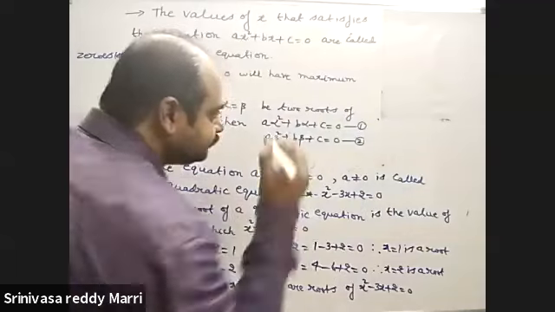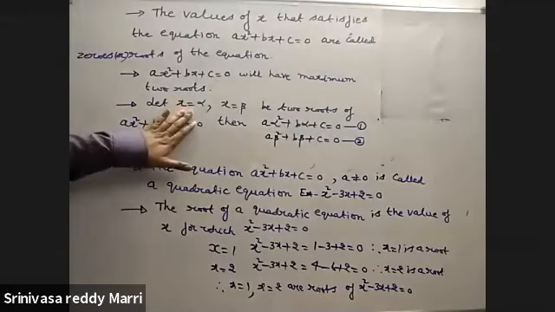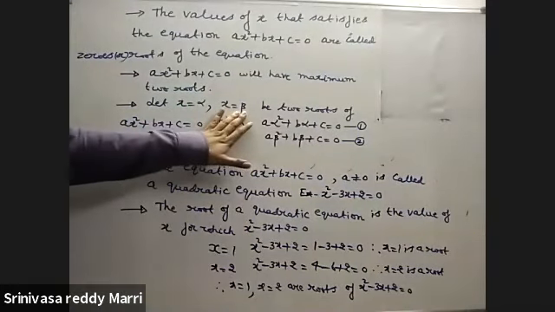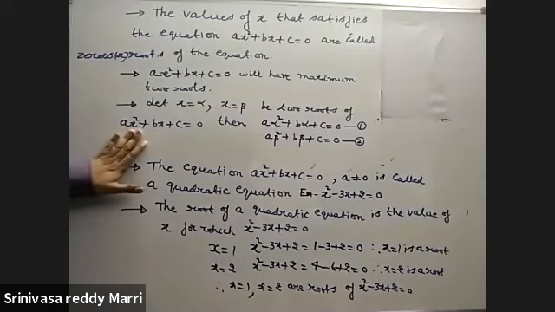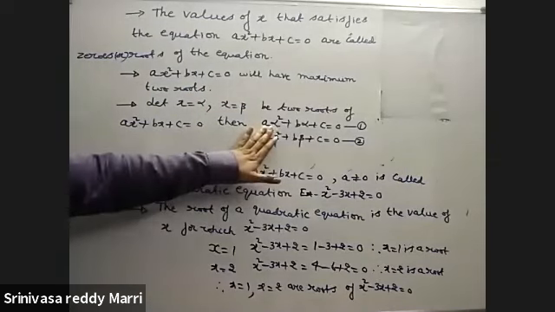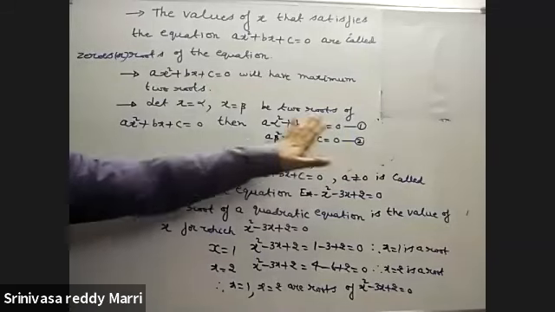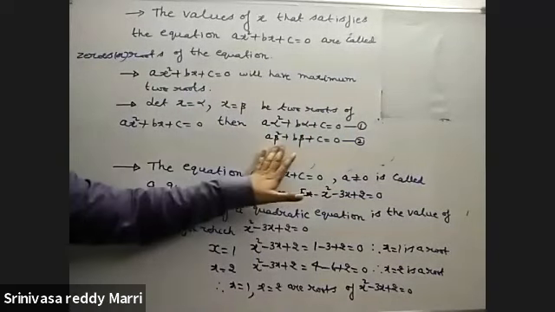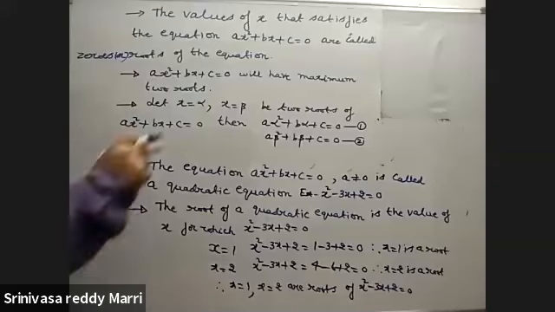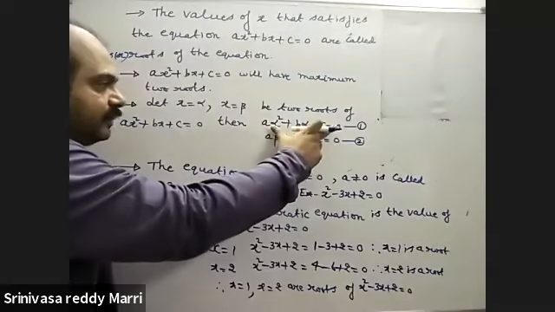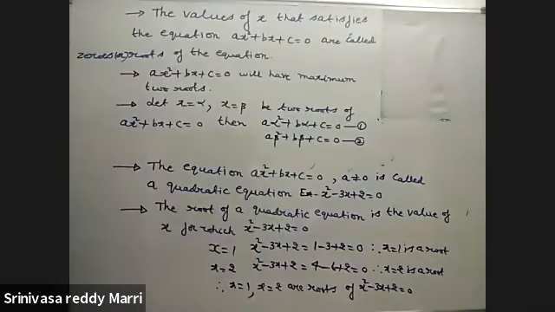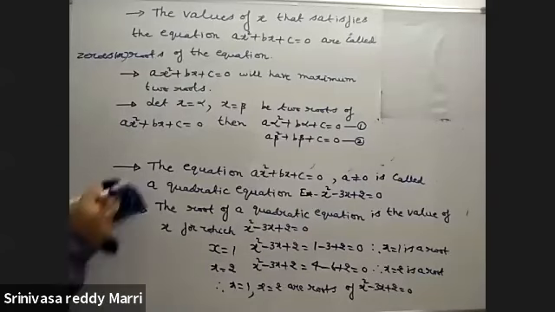Let us say 2. Whenever the root is given in the problem, you substitute x equal to alpha, it will become 0, and x equal to beta, it will become 0. These two conditions will be there.